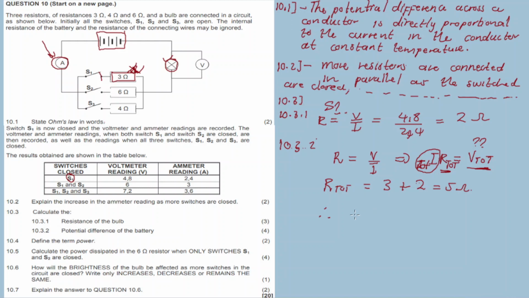Therefore V tot, the total voltage for the whole circuit, or the voltage for the battery, must be equal. So I, which is 2.4 since I'm using switch 1, times the total resistance, which is 5.